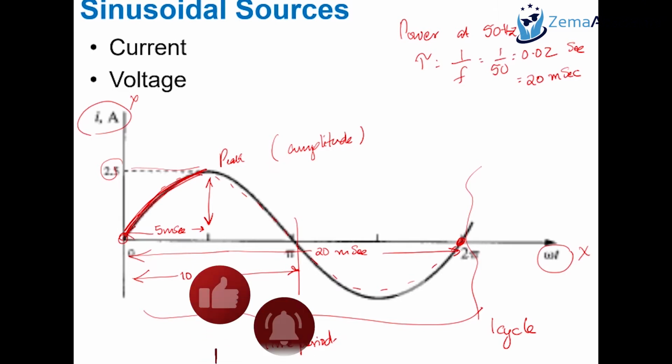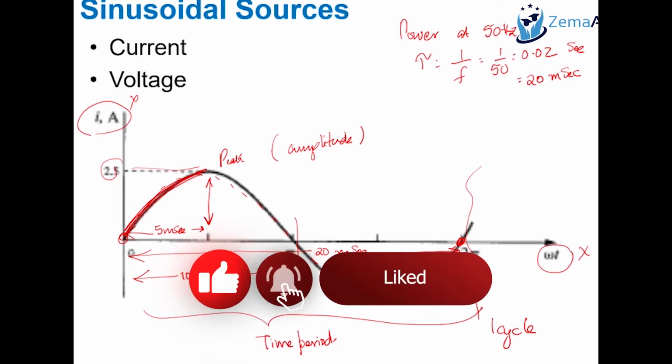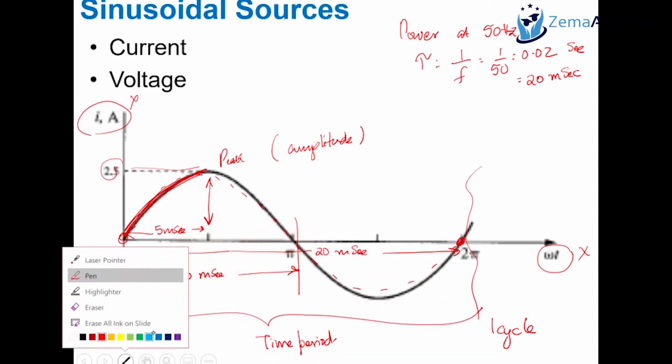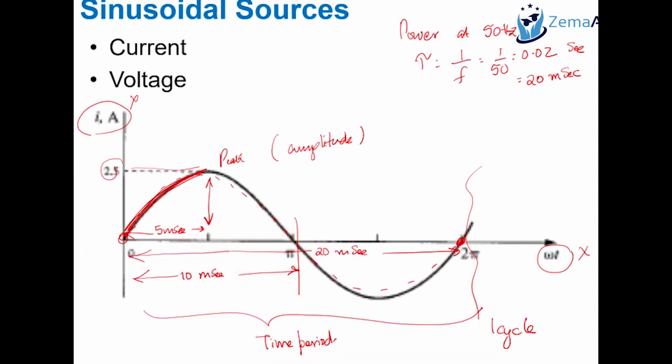If the maximum value is increasing, for example, let me choose a different ink color. Let's say there is a fault, and that's how the voltage or current is increasing. Then your circuit protective device, whatever it is, be it a fuse or a circuit breaker, should be able to pick up that information after the first 5 milliseconds.